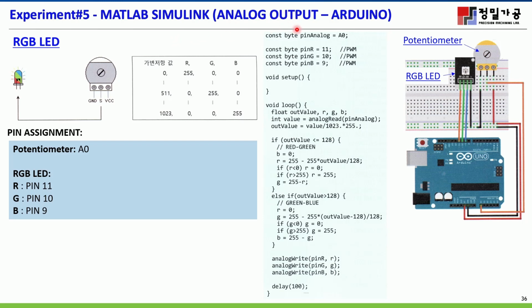From this example, we know that the analog input and this potentiometer are connected to the pin A0, okay? And the red, green, blue LED is connected in pins 11, 10, and 9.